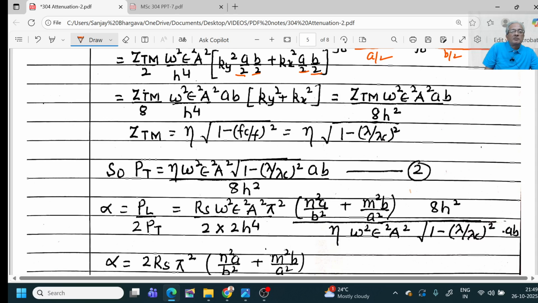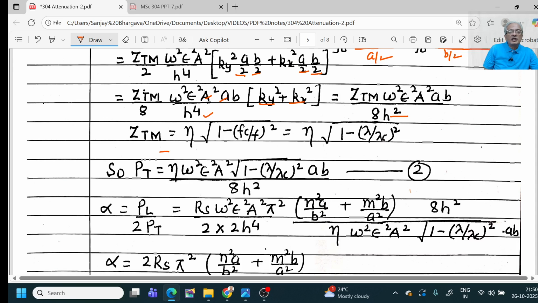Now ZTM by 8 omega square epsilon square a square ab h up power 4 bracket में आपके पास बचेगा ky का स्क्वायर अपॉन kx का स्क्वायर, राइट. एंड व्हाट इज ky का स्क्वायर एंड kx का स्क्वायर, वो हमें मालूम है. तो दिस कैन बी रिटन ZTM ओमेगा स्क्वायर a स्क्वायर ab अपॉन 8h स्क्वायर.